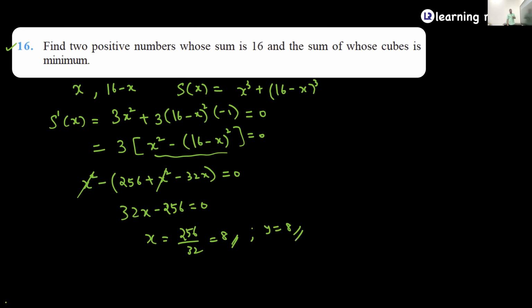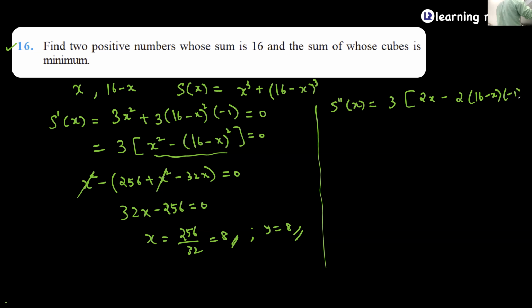Okay. The only thing is, since they told it's minimum, let's do that validation alone. What is s double dash of x? Differentiate this one. It is 3 into derivative of x square is 2x minus derivative of 16 minus x whole square is 2 into 16 minus x into minus 1. So s double dash of what is the number we got?